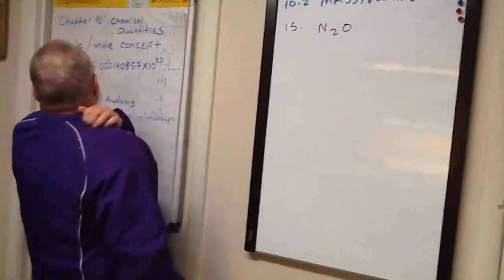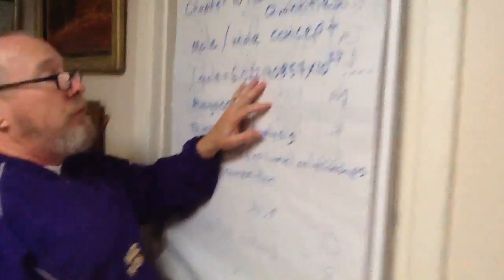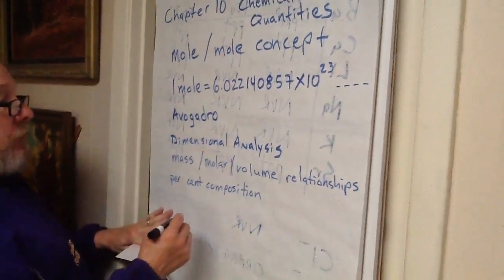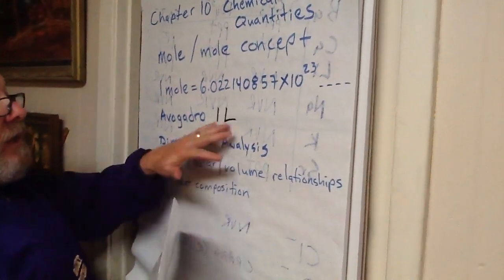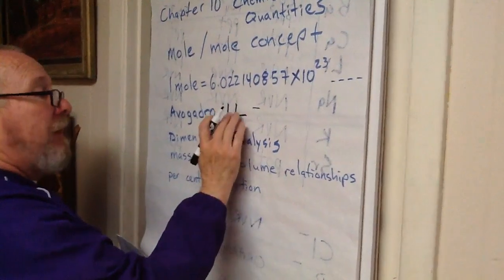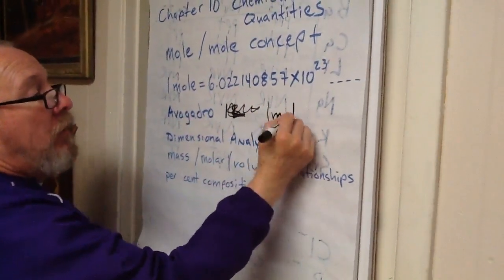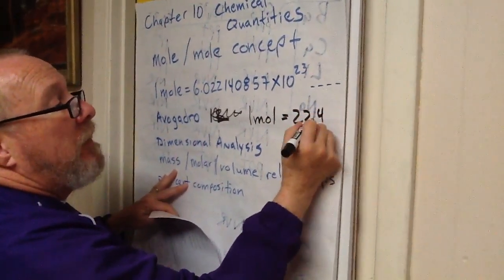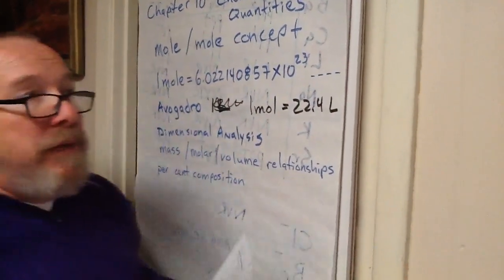But here's the deal. We know 1 mole is 6.022 times 10 to the 23rd molecules. And we also know, thanks to Avogadro, that 1 mole, abbreviated mol, of any gas is equal to 22.4 liters, abbreviated L. So that's all we need.